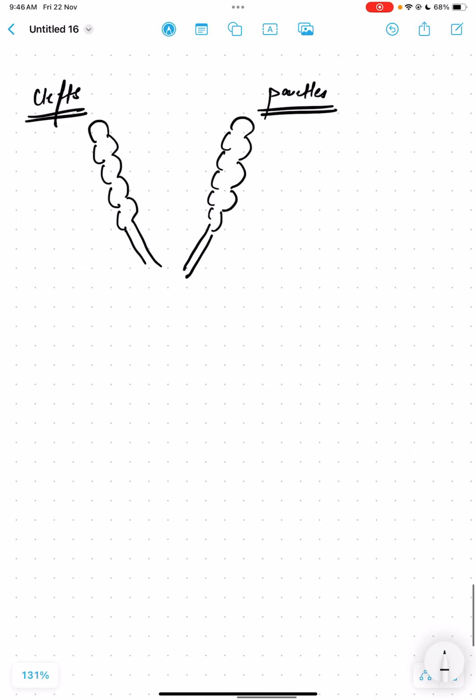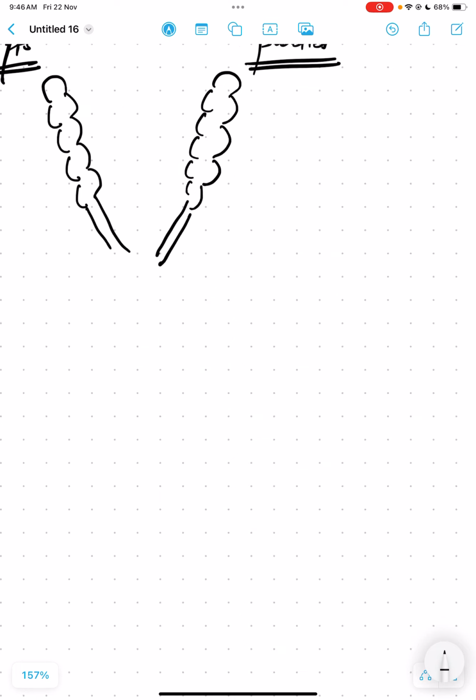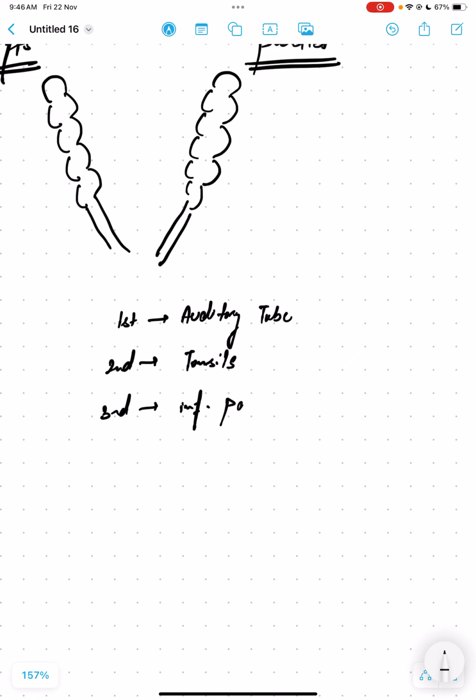So what are the structures that are formed from the first pouch? You have to remember that it will be the auditory tube. From the second arch we will get tonsils. From the third arch we will get inferior parathyroid along with thymus.